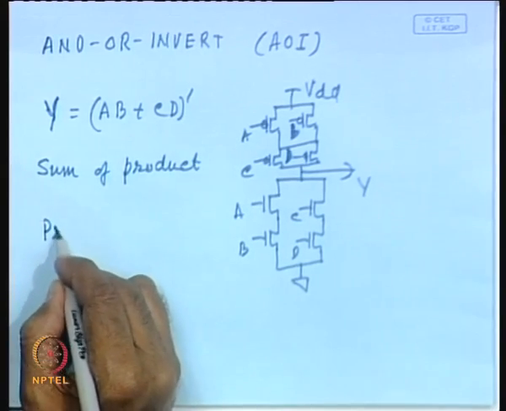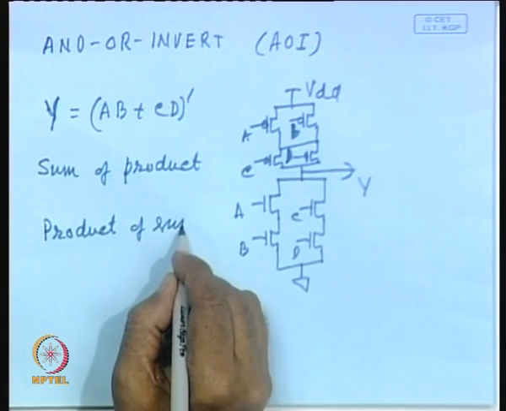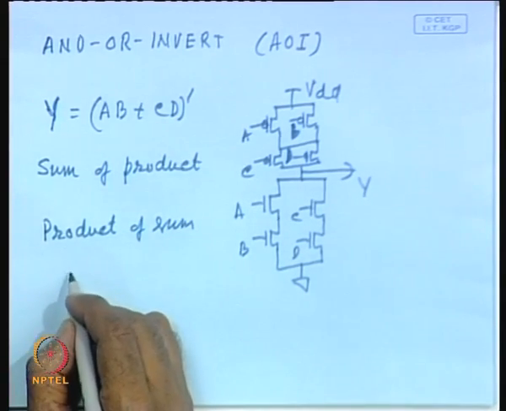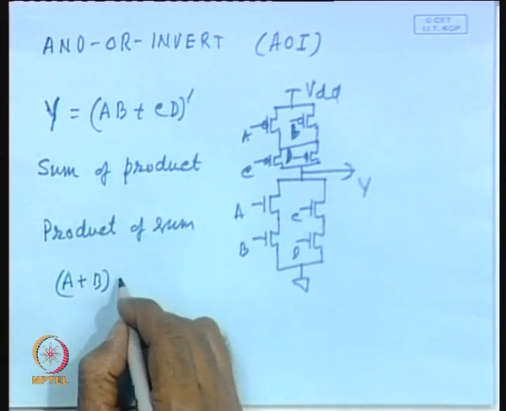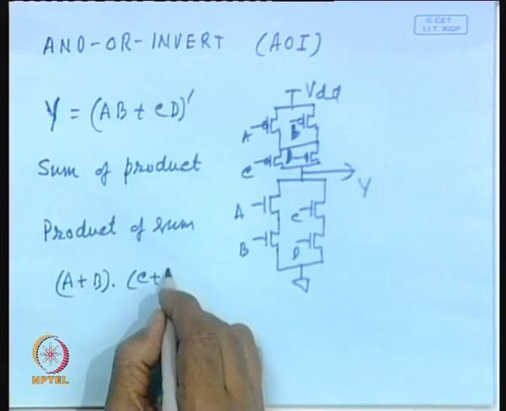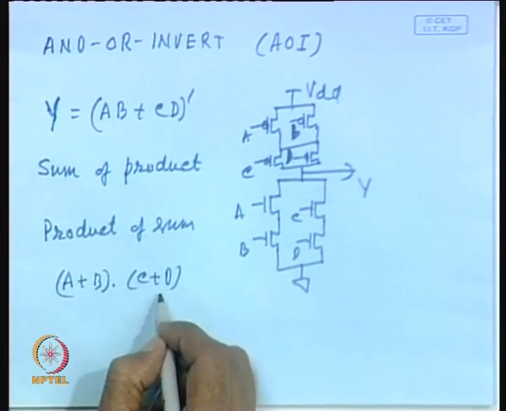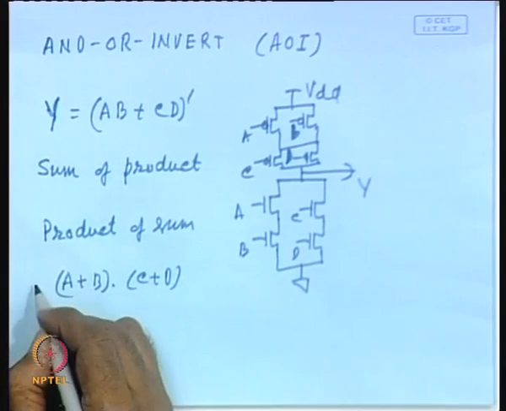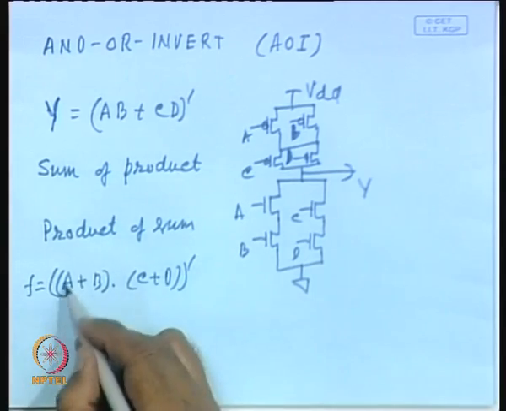Another is product of sum. That means, it can be like this, say A plus B into C plus D. So, here you have taken the product of sum, and complement of this can be realized very easily.